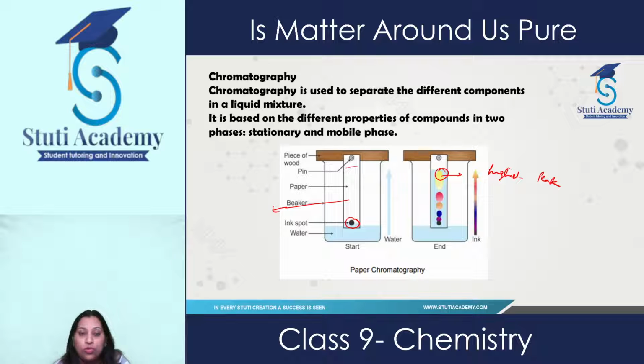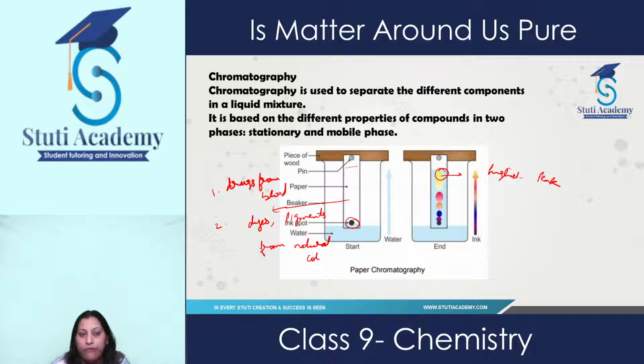And it is used to separate drugs from blood. So we use the chromatography method for removing drugs from blood or to remove dyes or pigments from natural colors.